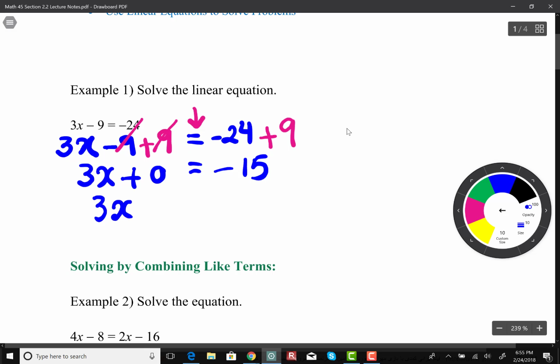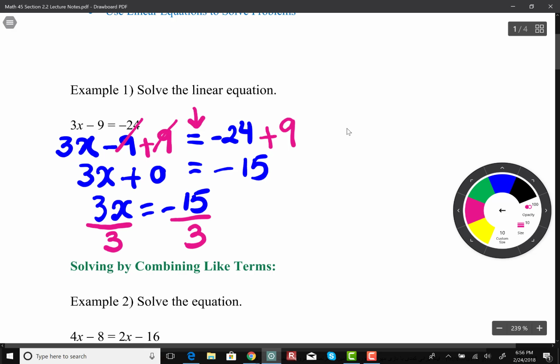Let's write it again. 0 doesn't change a number when it's added to a number. Now the next step is to make this coefficient 1. In order to do that, divide this side by 3. But we have to do the same thing on the other side to keep the balance.